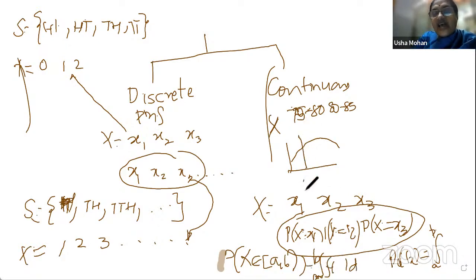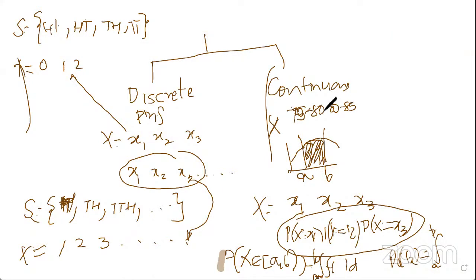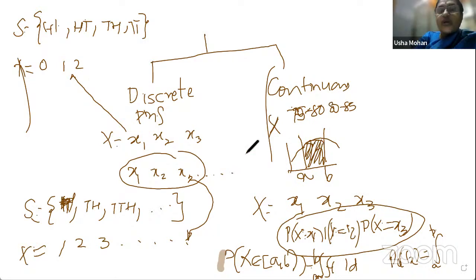In other words, I have an a and a b, and the probability x belongs to this interval is the area under this curve. So far, so good? So for continuous I have what I call the PDF, and for discrete I have the PMF. Is this clear?